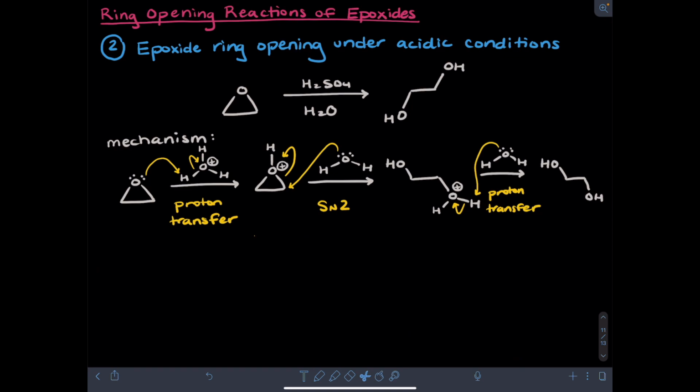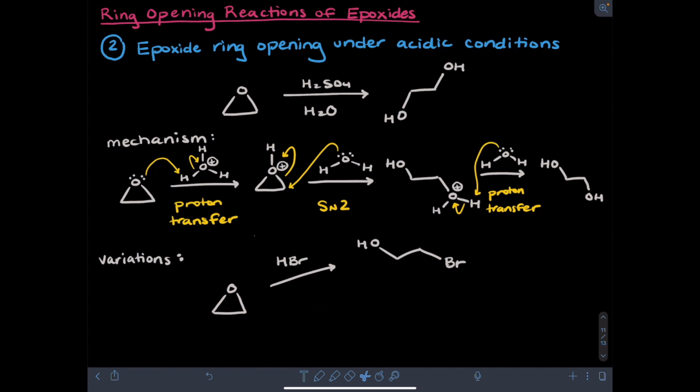So I recommend going back in your notes to where I talked about strong nucleophiles and compare the mechanism that I just drew under acidic conditions to the one I drew previously for strong nucleophiles. Notice how these mechanisms differ. There are other variations of these ring openings under acidic conditions as well.